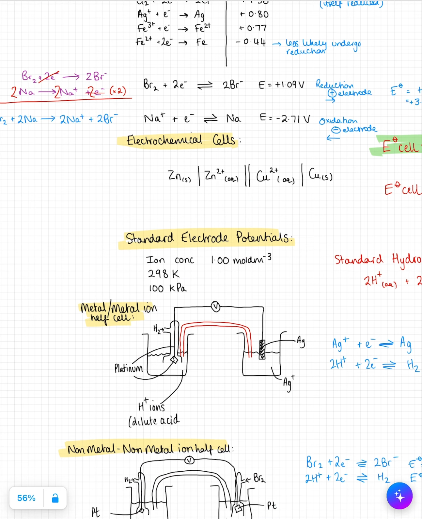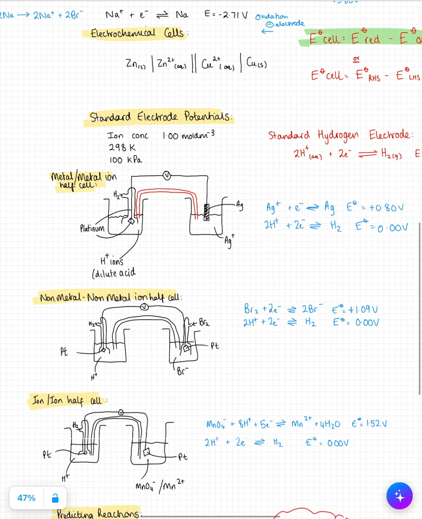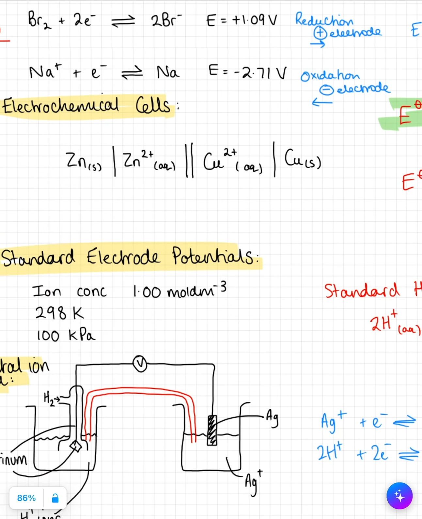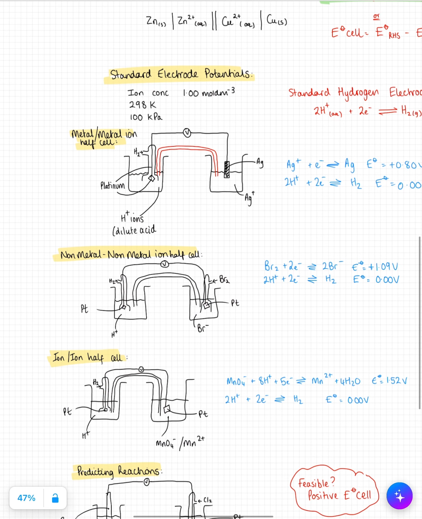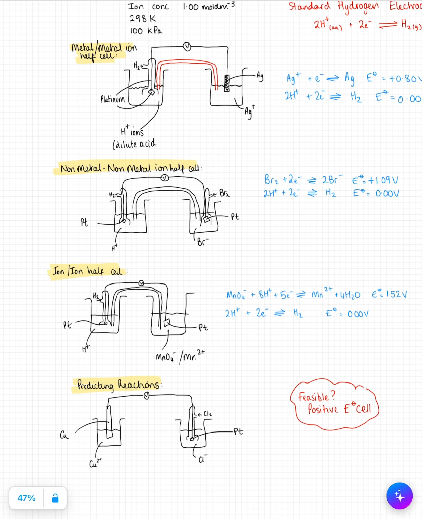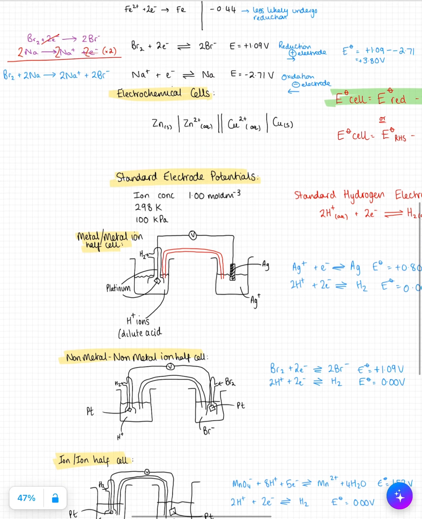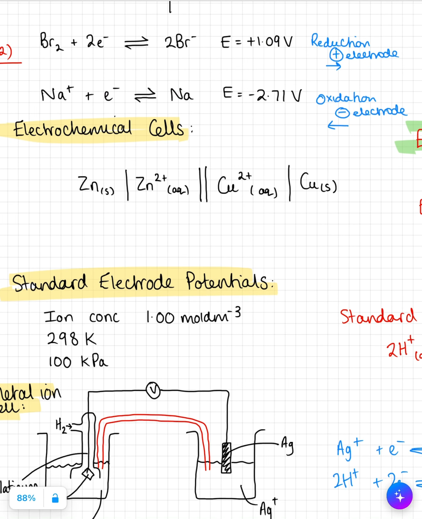So we can also represent electrochemical cells both in diagram form and using this notation. So what we're going to look at first is the notation, and then we're going to look at a number of different examples of the setup of how we would measure these E cell values and electrochemical cells. So our electrochemical cell is going to show us what is happening in our redox reaction.